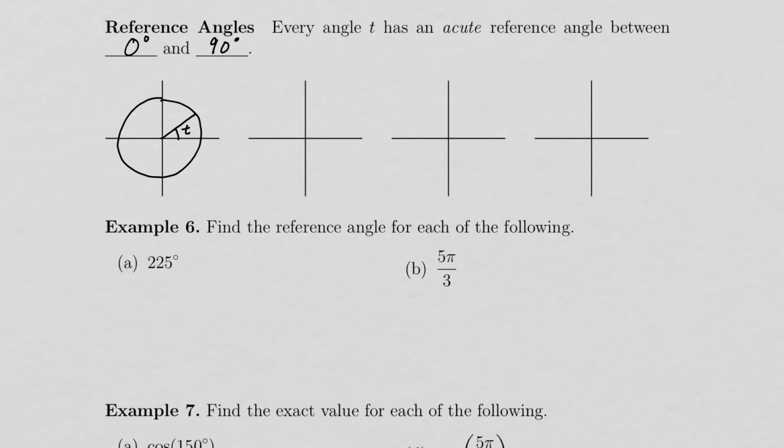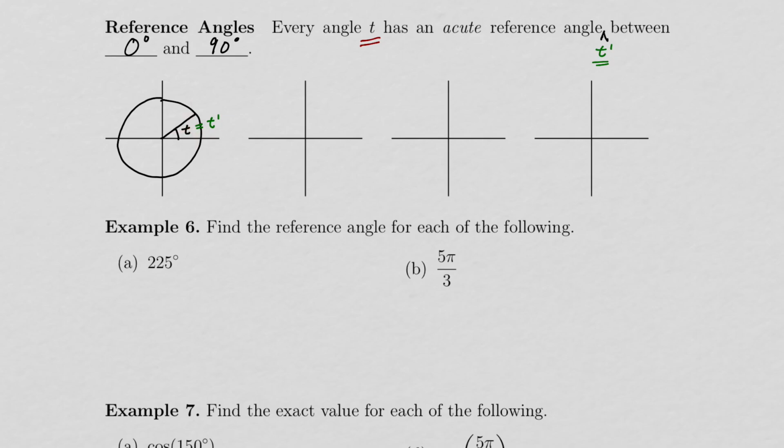So the actual angle is going to be t, and let's say the reference angle we're going to call t prime. So in this case, if you're in the first quadrant, the actual angle is the same as the reference angle, because the reference angle is the angle that the terminal side makes with the x-axis. It's always the angle that the terminal side makes with the x-axis. So the actual angle, remember, starts at the positive x-axis and is measured counterclockwise. They're the same in that case, okay?